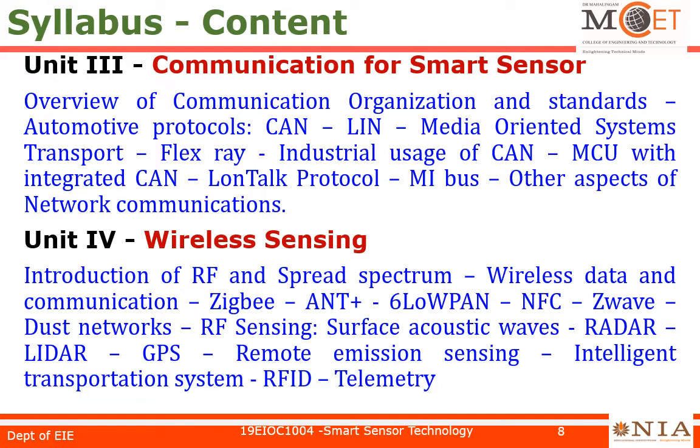Particularly, Bosch developed the CAN protocol, controller area network, that is widely used in automotive sectors and other sectors, which we are going to study in unit 3. And unit 4 is about wireless sensing: how the data has to be sent in a wireless medium. What are the different types of technologies used in wireless media, that we are going to learn in unit 4.